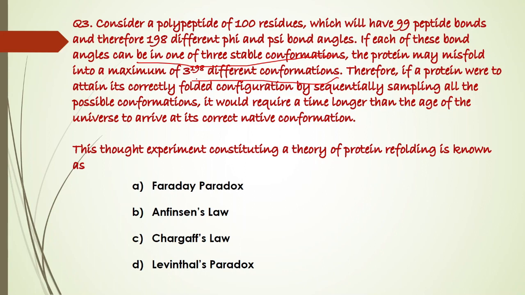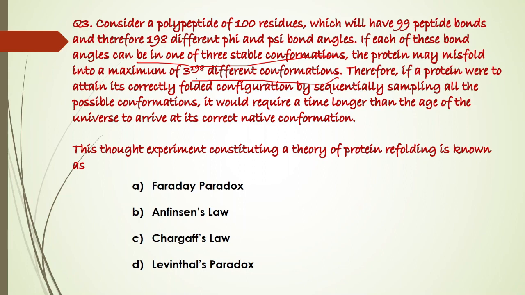If a protein wants to fold to its native form, it has to sample all these different conformations, 3 to the power 198, to see which particular conformation gives the lowest or minimal energy value, and then it's going to fold in that form.